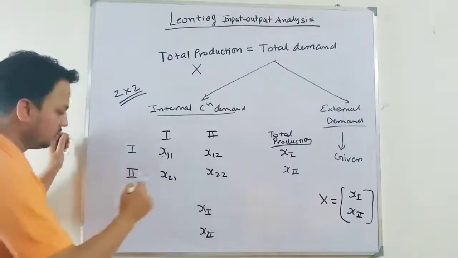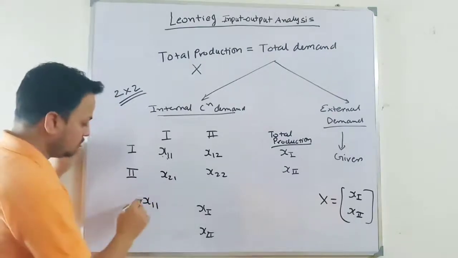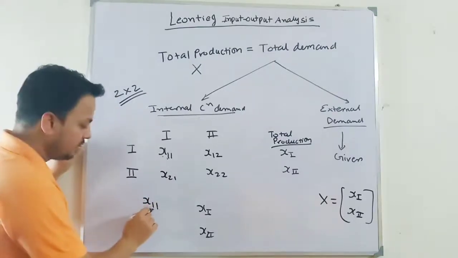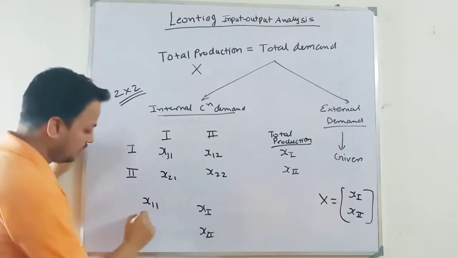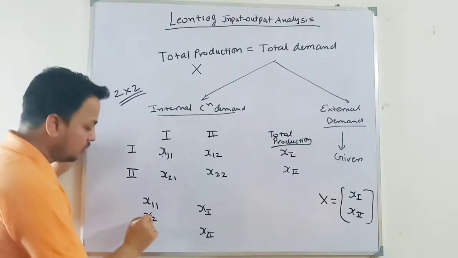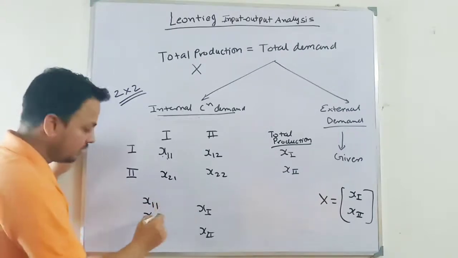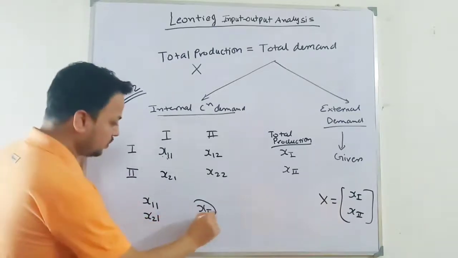So when I write X11, it is the output of industry 1 used by industry 1 as input, and X21 is the output of industry 2 used by industry 1 as input, in order to produce this much.